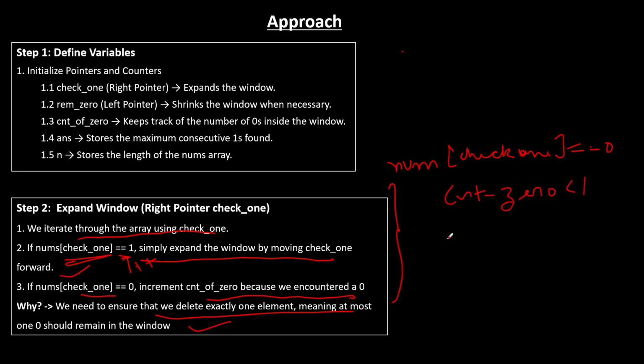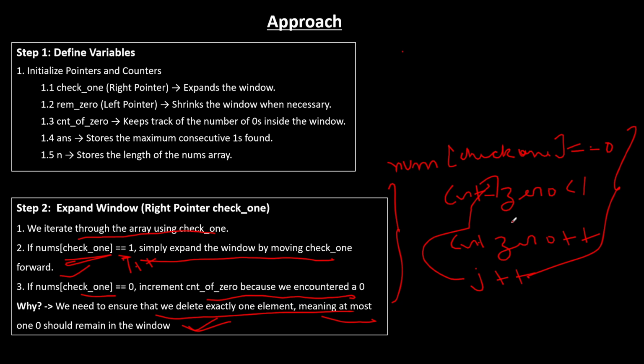Then only we can increase the count zero and move j plus plus. And why are we doing this? Because we need to ensure that we delete exactly one element, meaning at most one zero should remain in the window. That is the reason why we are not making count zero greater than one.